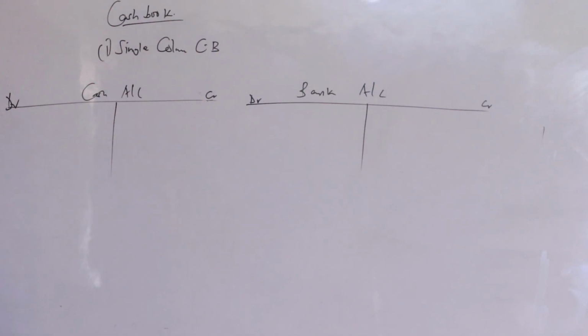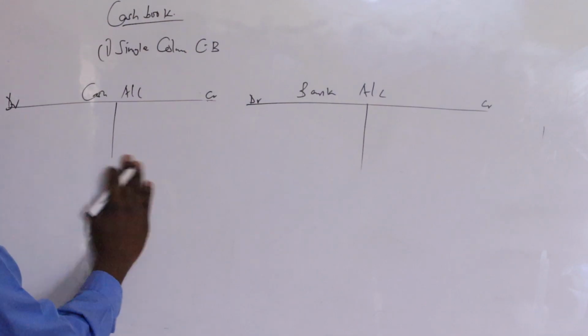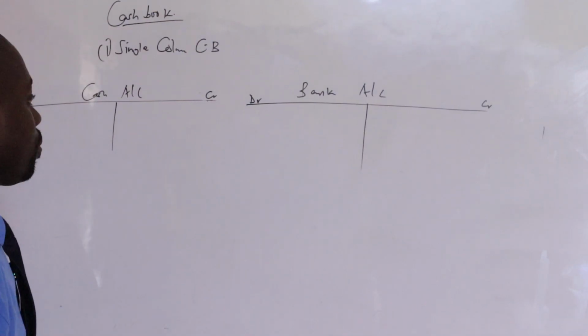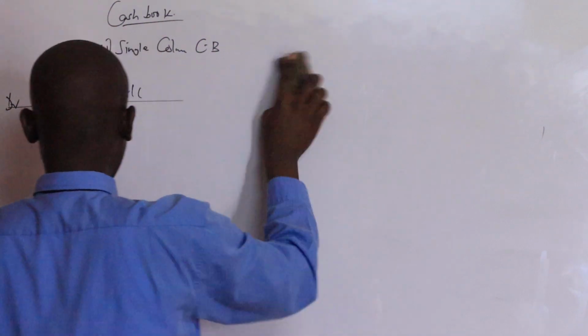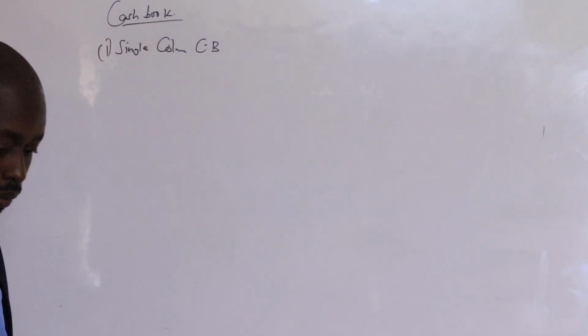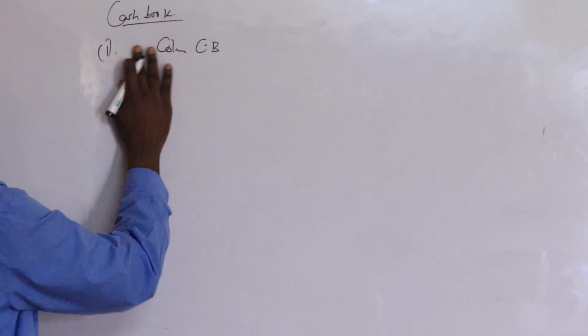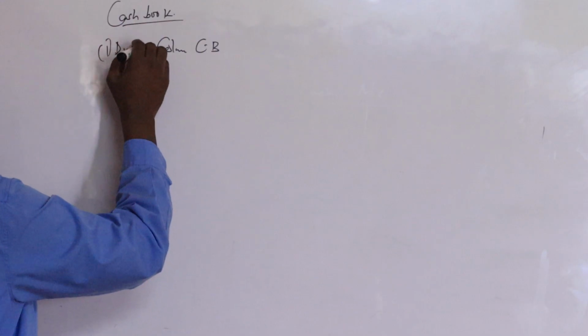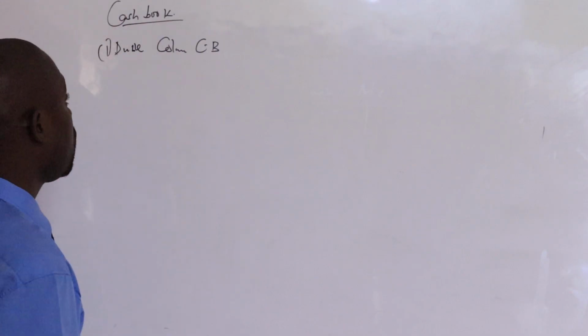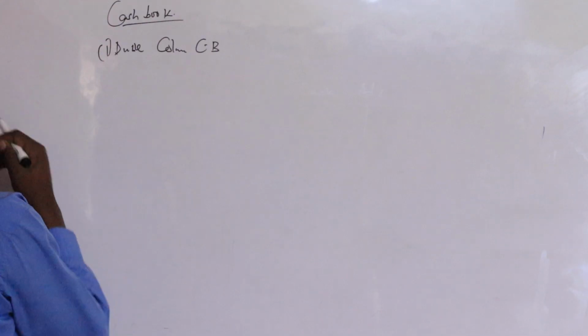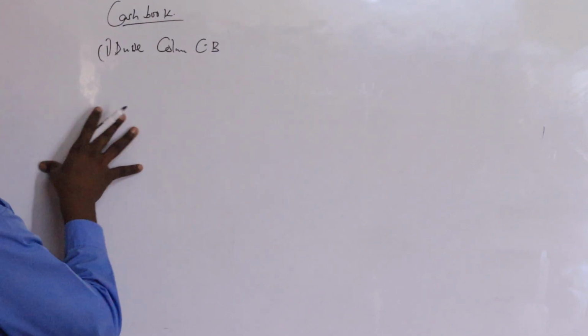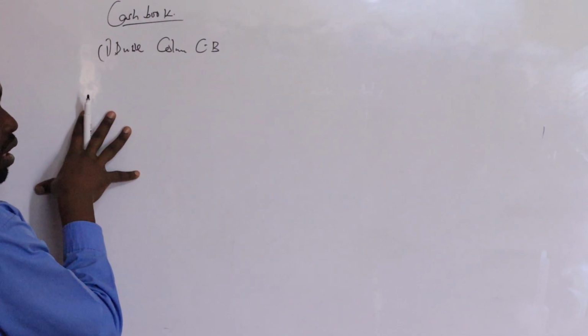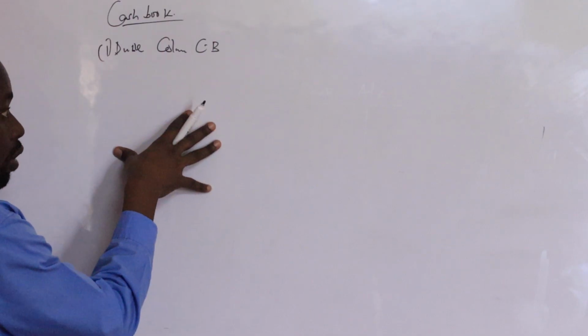Let's go to the second type of cash book, what we call double column or two column cash book. Now, when drawing the cash book, I will draw a complete ledger with the four columns.